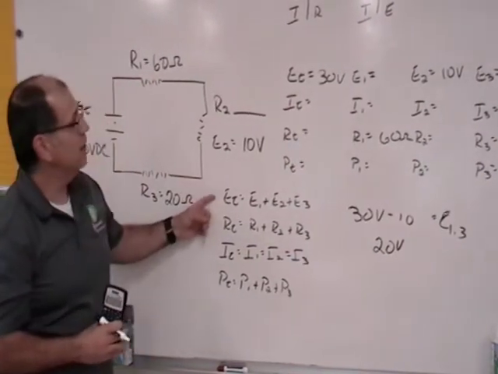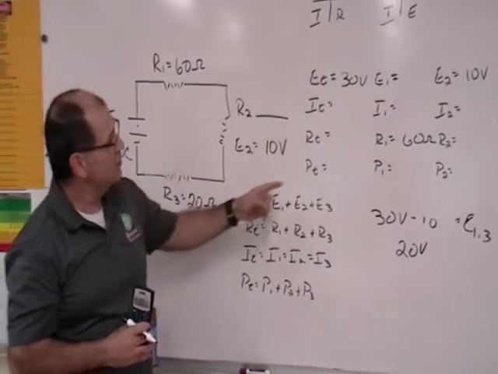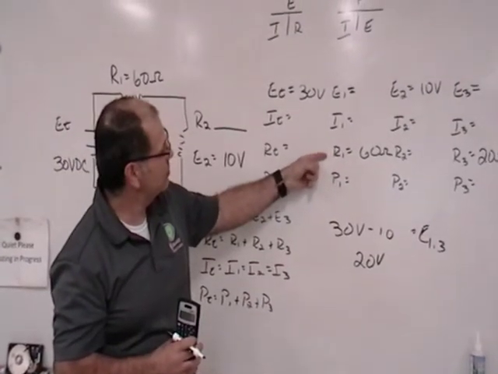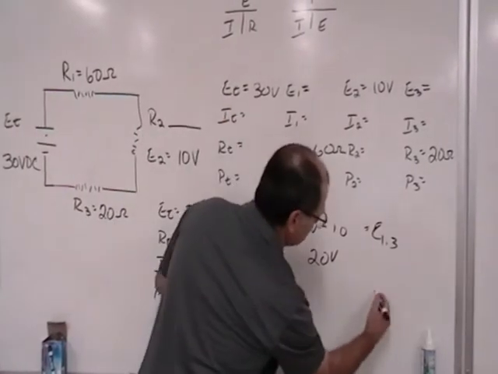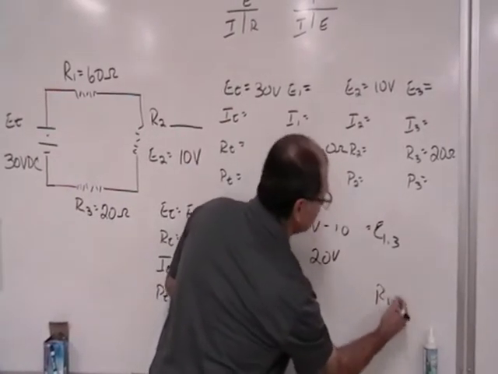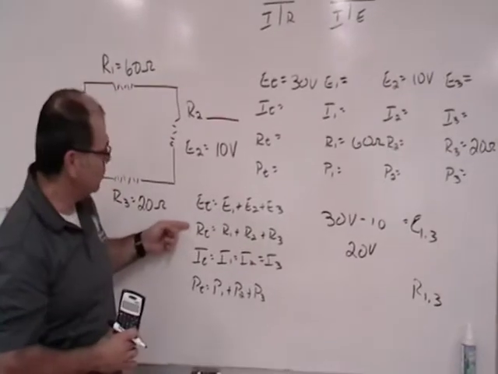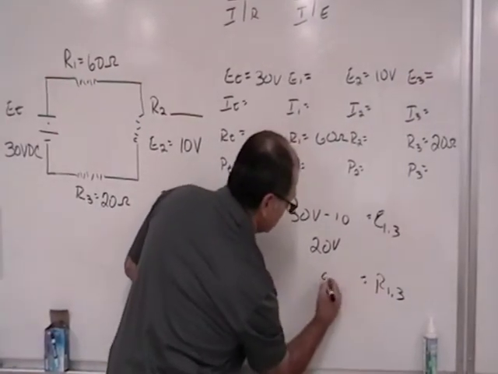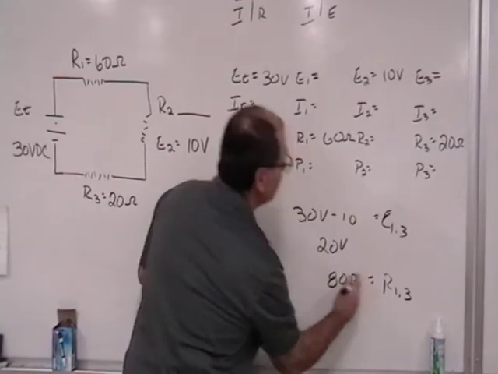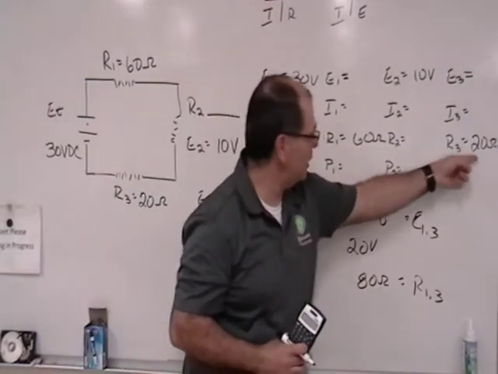The other thing I know as well is I have resistance 1 and 3 as well. So I know that resistor 1 and 3, based on this rule, they just add up, is equal to 80 ohms, 60 plus 20.